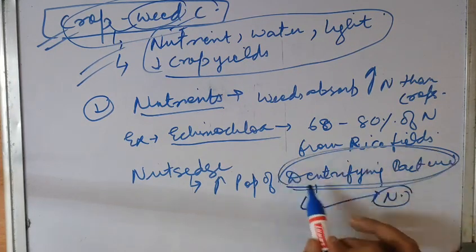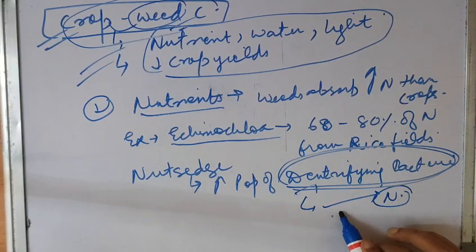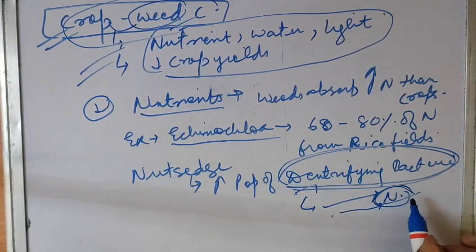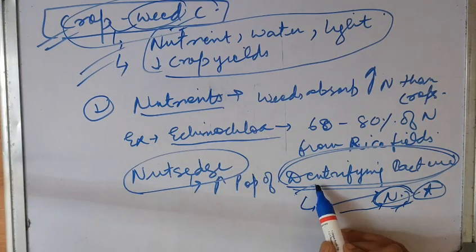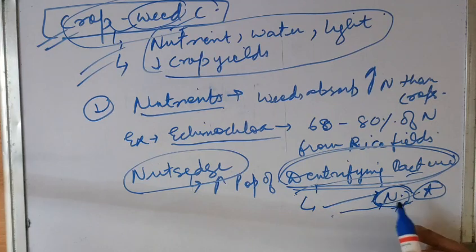So nutsedge increases the population of denitrifying bacteria, and as the nitrogen escapes and converts to unavailable forms, it is very difficult for the plant to absorb it.